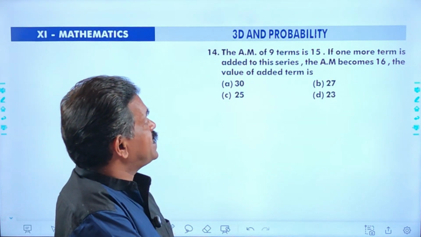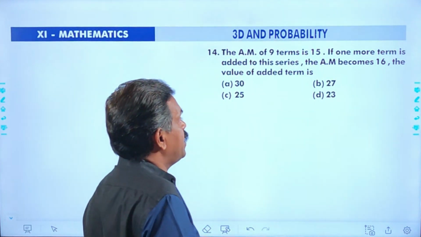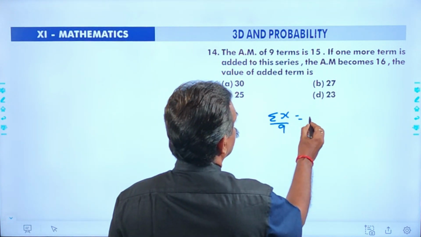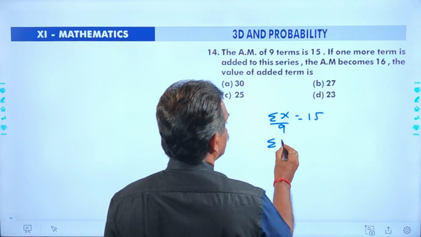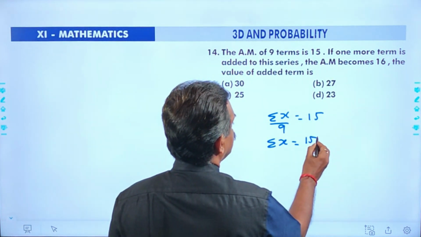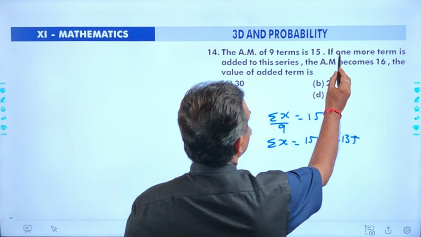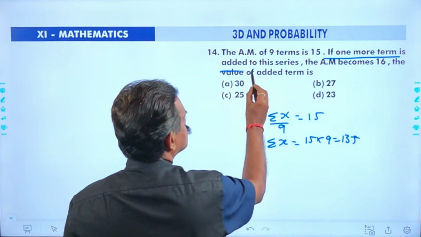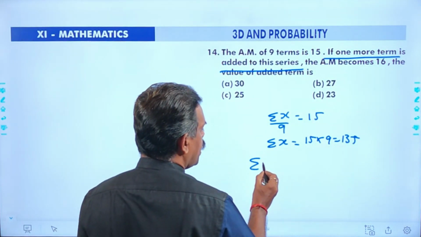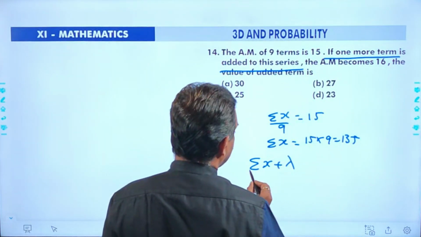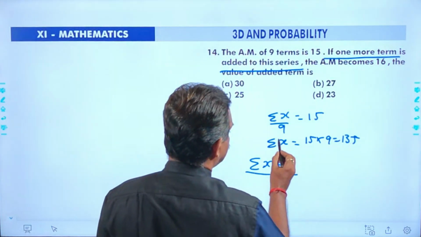The AM of 9 terms. So AM means sigma x by 9 equal to 15. So sigma x will be equal to 15 into 9 equal to 135. Now, if one more term is added to this series, let me add a term called lambda, then the total number of terms will be 10.